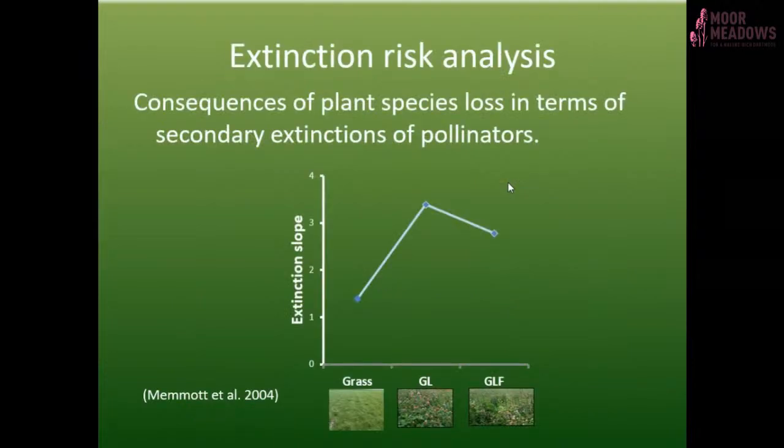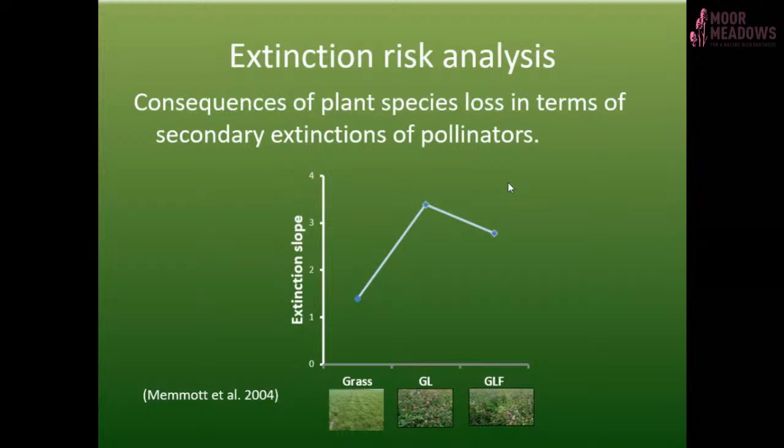Now, Professor Jane Memmott at Bristol University came up with a conceptual analysis initially, but it's been borne out through experimentation, of what the consequences are of plant species loss in terms of secondary extinctions of pollinators. It's called the extinction risk analysis.